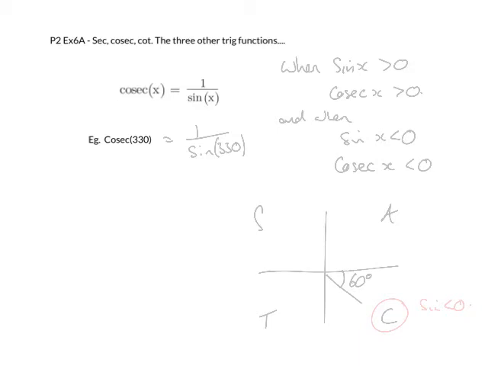Sine is negative in this quadrant, so we are looking at replacing sine 330 with negative sine 60.